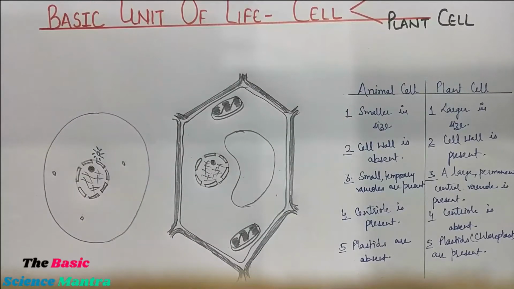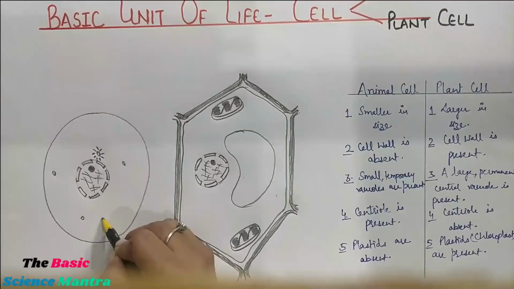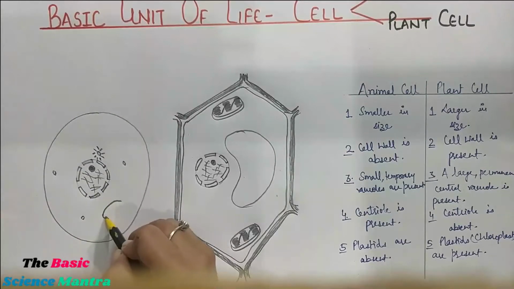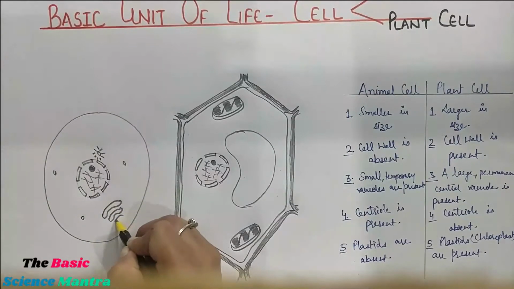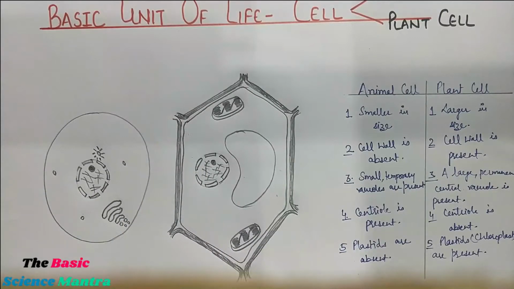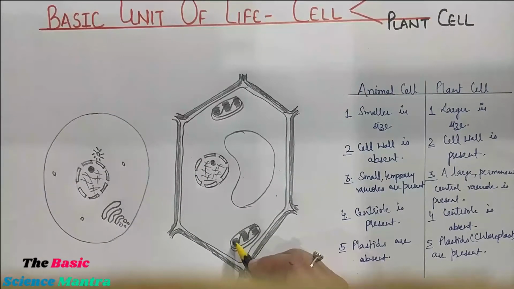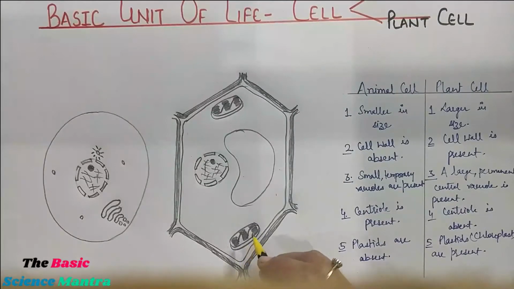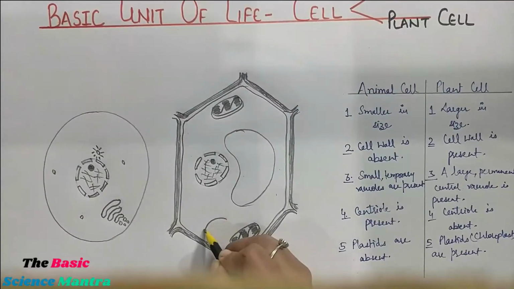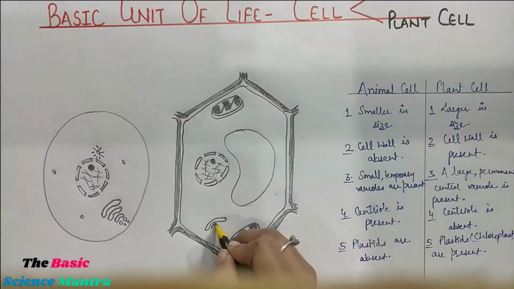Now, the next difference is about the Golgi bodies. In case of animals, Golgi bodies are well developed. See the structure of Golgi bodies. This is Golgi bodies, well developed. In case of plant cells, Golgi bodies are small compact structures called dictyosomes.